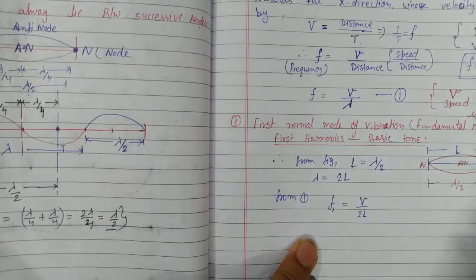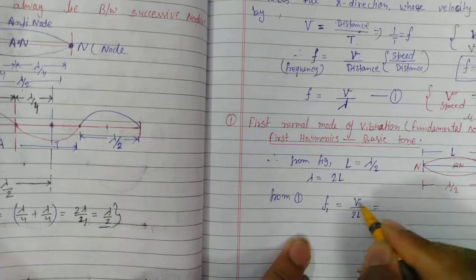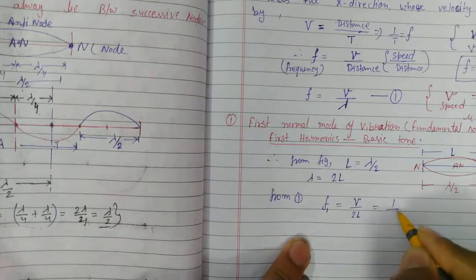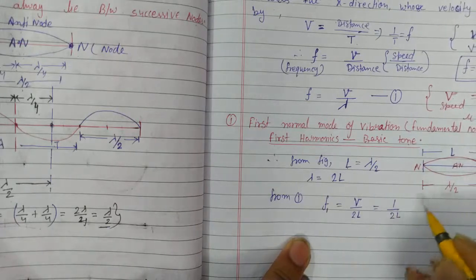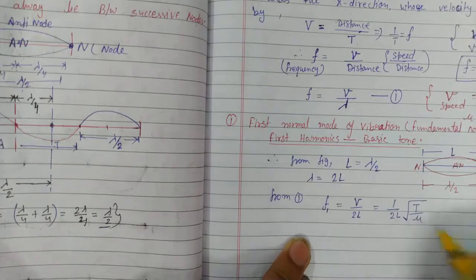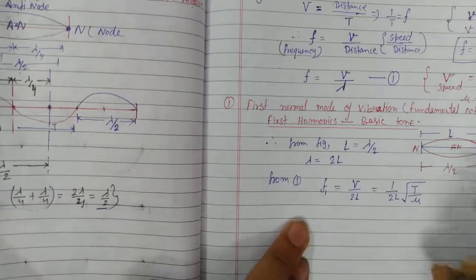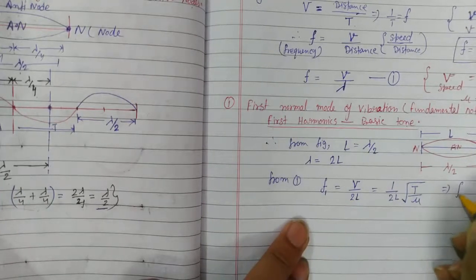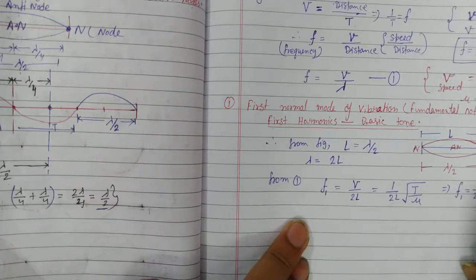Here we have the velocity square root of T upon mu. So students, this f1 is equal to 1 upon 2L under root T upon mu, and is called nu naught.